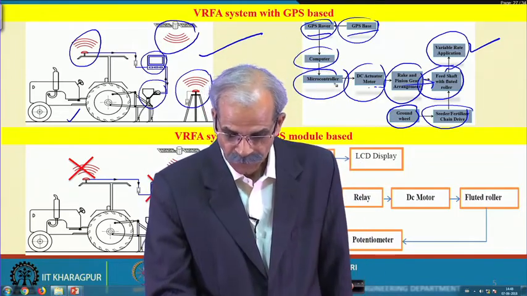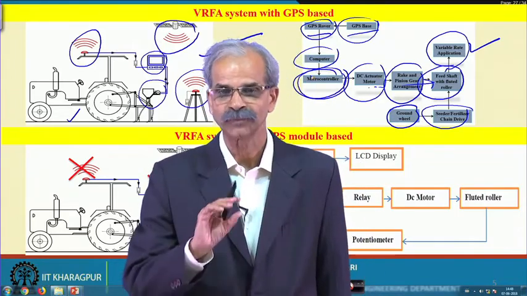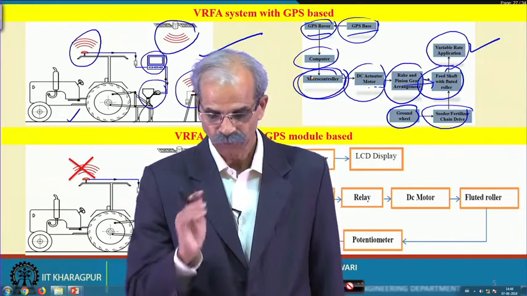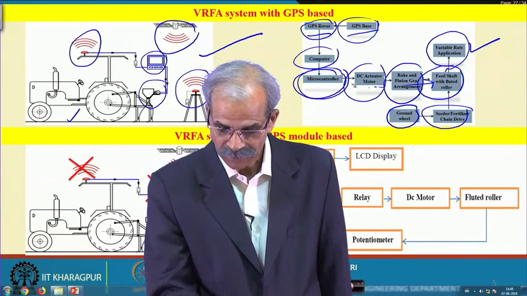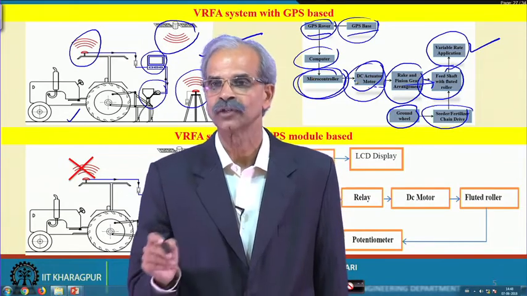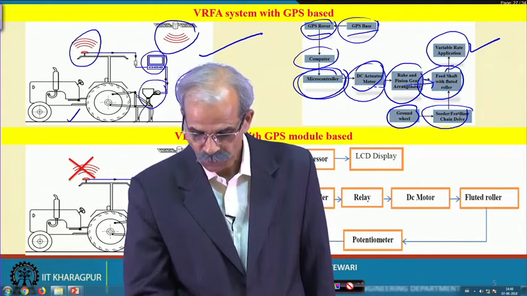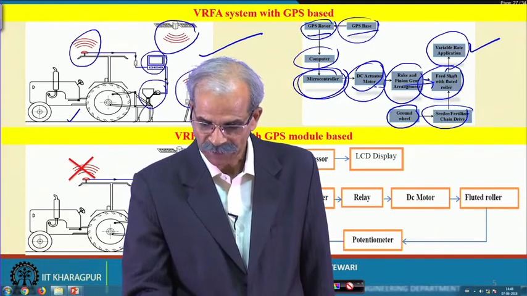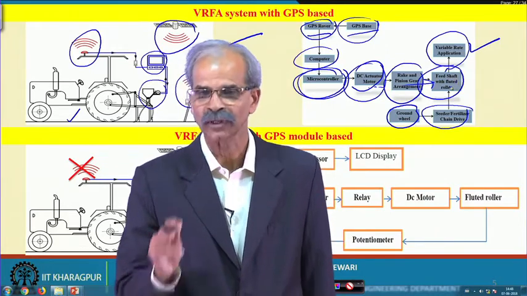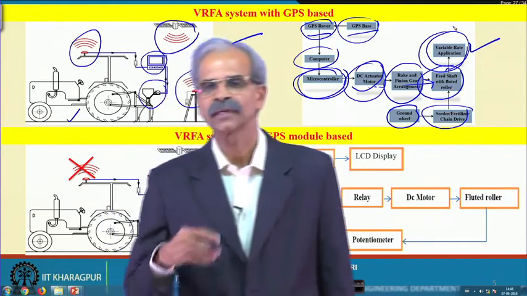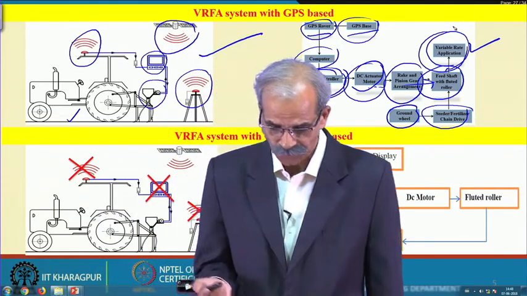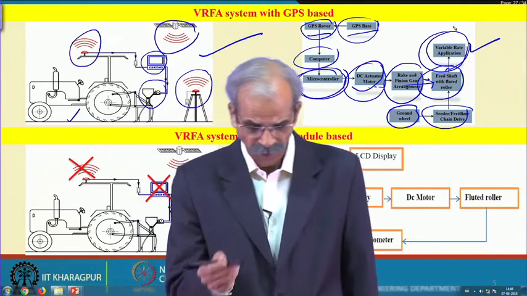Then the microcontroller will check the conditions, and we will have the software. That software will identify the grid, etc., and then the DC motor will be asked to do the job. Ultimately through the power transmission unit, it will drive the feed shaft with the fluted roller, change the position of the fluted roller, and then the variable application will be available to us. Now, this is that part of it.